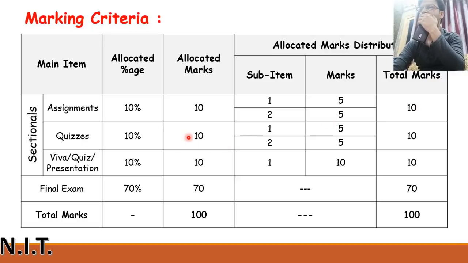You will have to give me 2 quizzes, 5% marks each, and the weightage of these 2 quizzes will also be 10%. And the third one, that is viva, quiz, presentation, and you will have to submit a report of a complete project. It will also contain 10% marks, including your attendance marks.